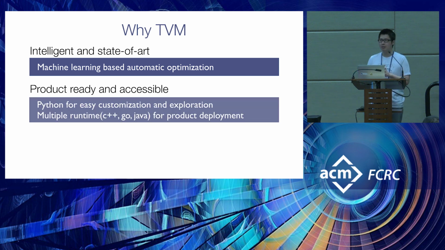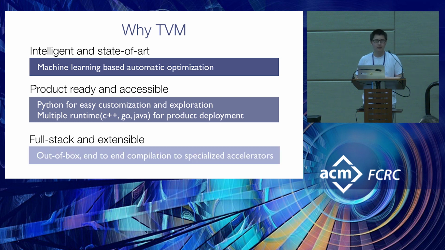Secondly, TVM is product-ready and accessible. It means that if you are building a product pipeline, you can directly deploy TVM on all kinds of platforms. We have examples like Amazon, Facebook, and a few other companies deploying it. But if you're also looking to quickly prototype and do research, it's also very accessible in the sense that you can prototype all the compiler transformations and optimizations directly in Python before you harden them into C++.